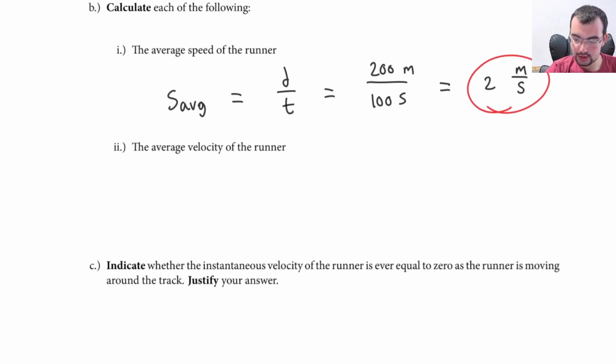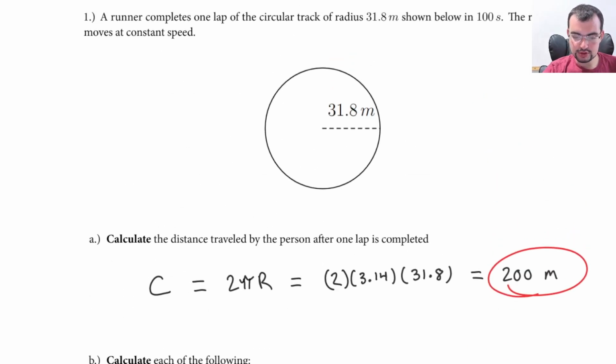Hmm. Well, let's look at the definition. Average velocity is a vector, and it's their displacement divided by time. Okay? What is the runner's displacement over one full lap? Well, they started here, then they move all the way around and ended.